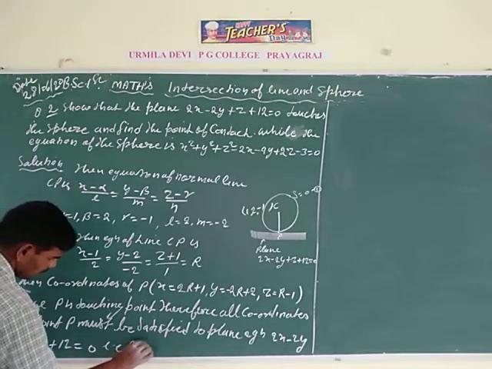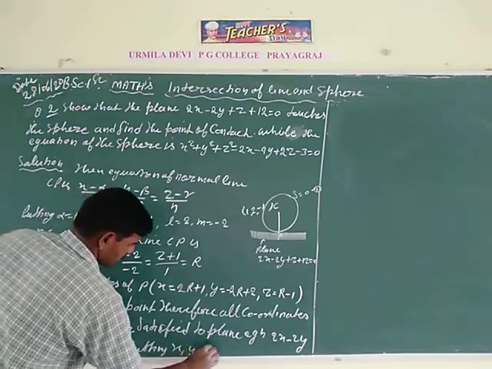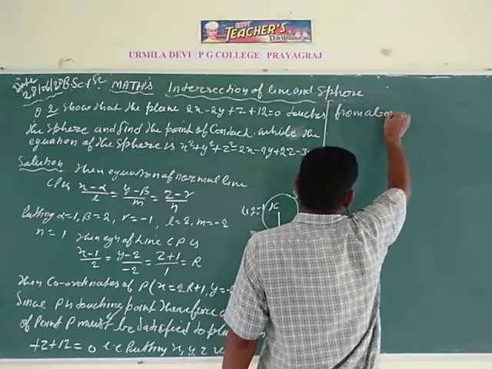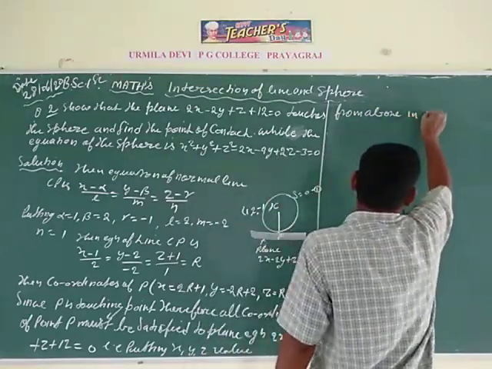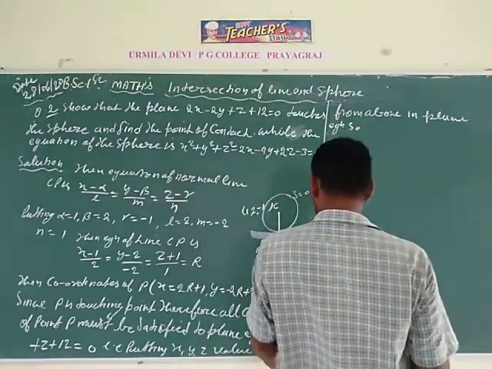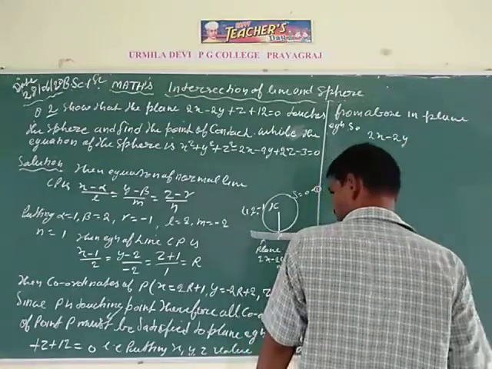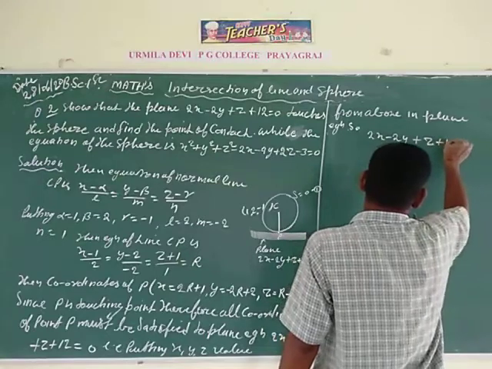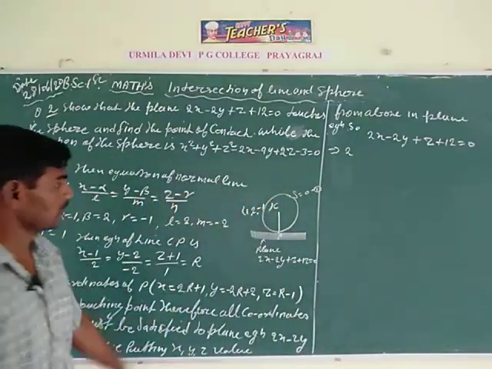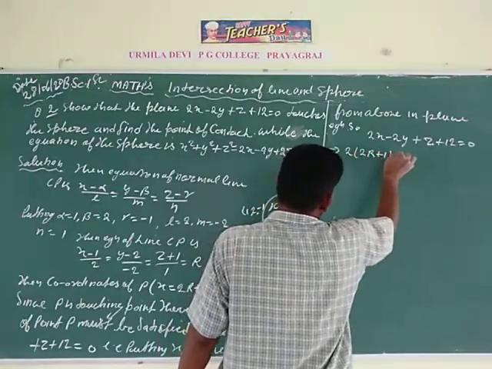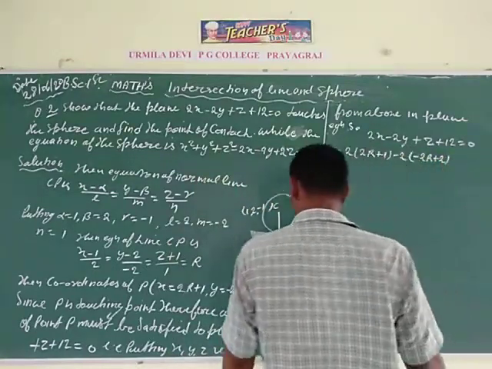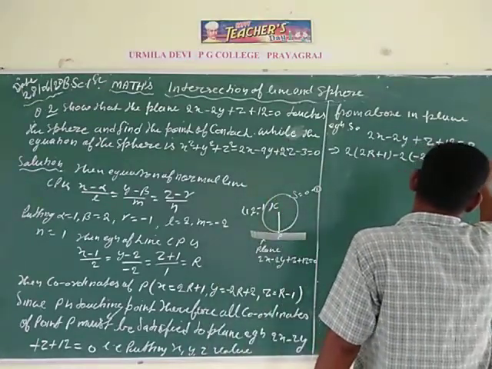That is, putting the x, y and z values from above in the plane equation: 2x minus 2y plus z plus 12 is equal to 0, where x is equal to 2r plus 1, y is equal to minus 2r plus 2, and at last z is equal to r minus 1, plus 12 is equal to 0.